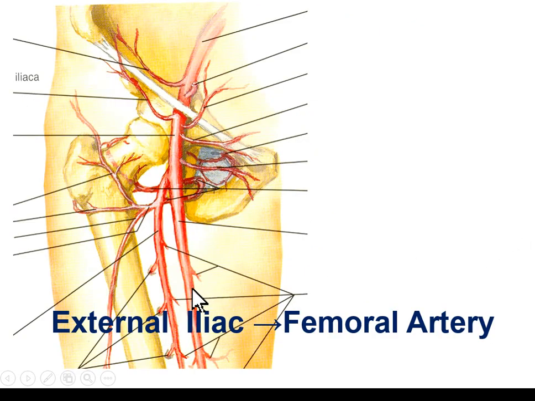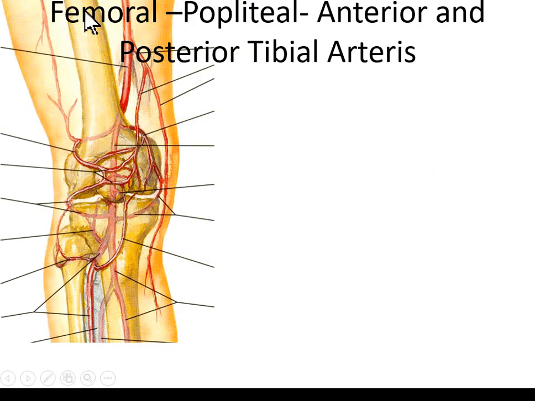Here we can see them on the picture. First, common iliac artery into the external iliac artery, then external iliac artery into the femoral artery. This is femoral artery. Femoral artery continues into the popliteal. Popliteal lies behind the knee joint.